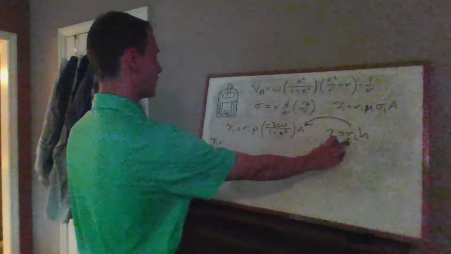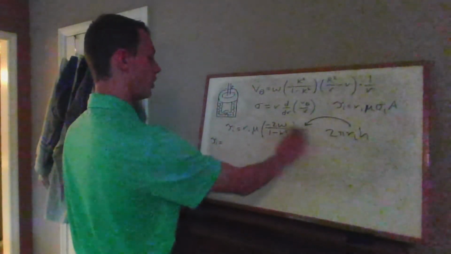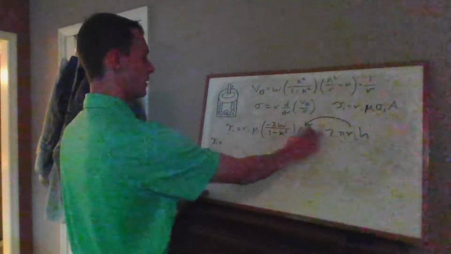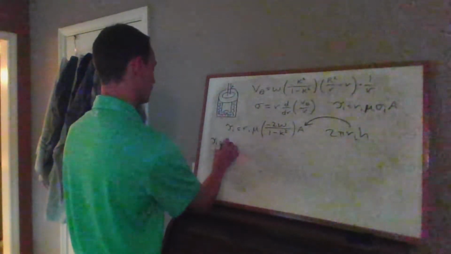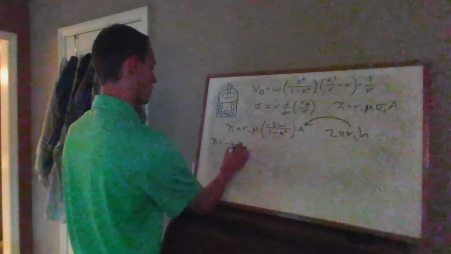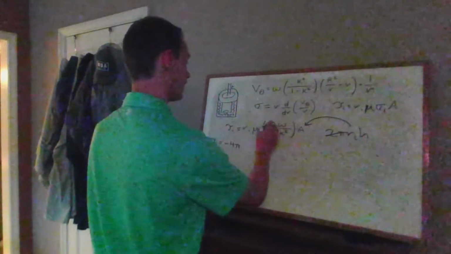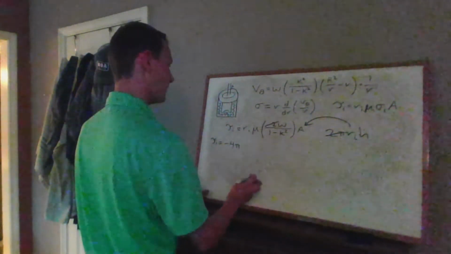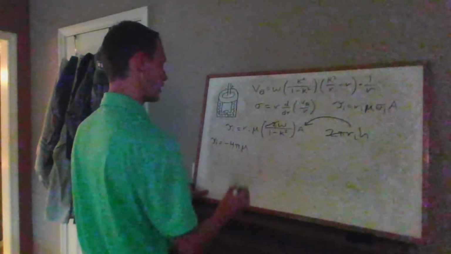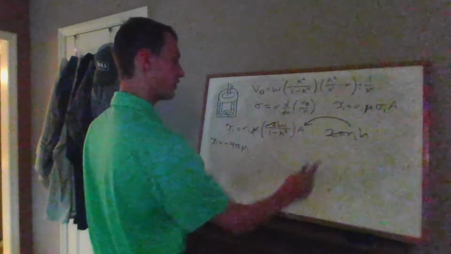And then notice we could have an RI squared. We can pull 2 times 2 up front. I kind of like to do stuff like that. So we could say -4 pi. Let's cross stuff out as we use it. Then we'll have mu up there, the viscosity. We use that.